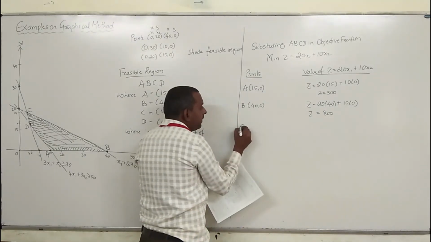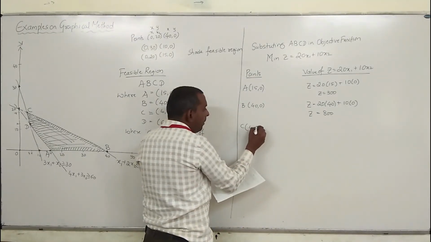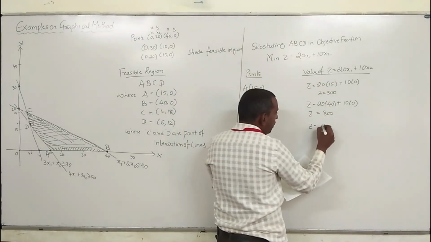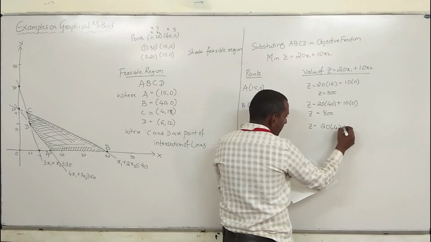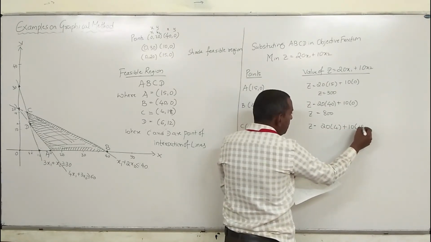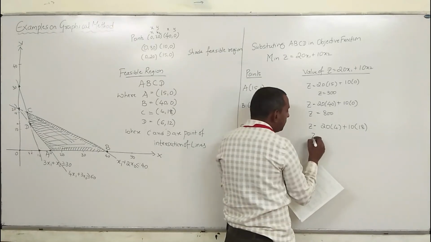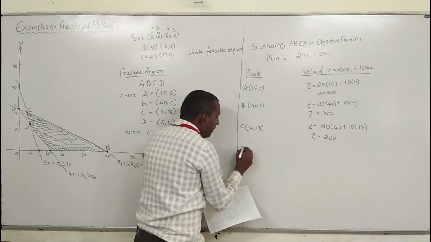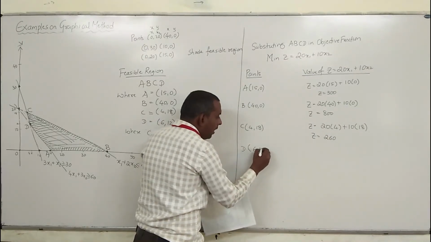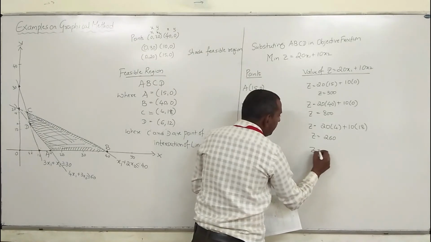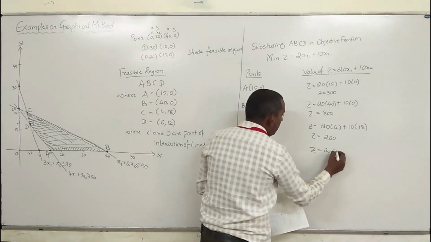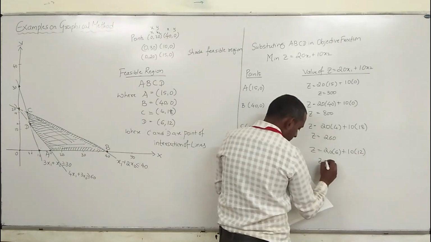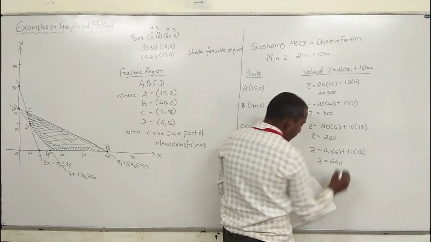The next point is C, that is 4, 18. Then Z is equal to 20 into 4 plus 10 into 18, so Z is equal to 260. Whereas D is equal to 6, 12. Then Z is equal to 20 into 6 plus 10 into 12. Then Z is equal to 240.